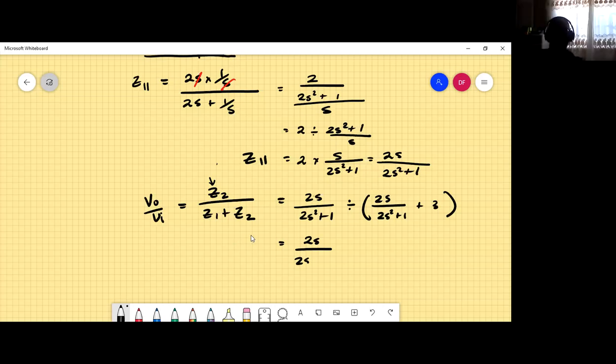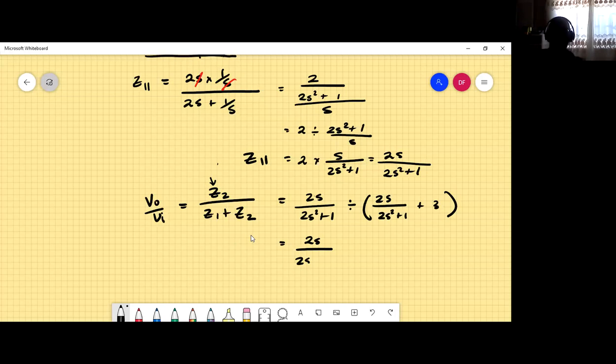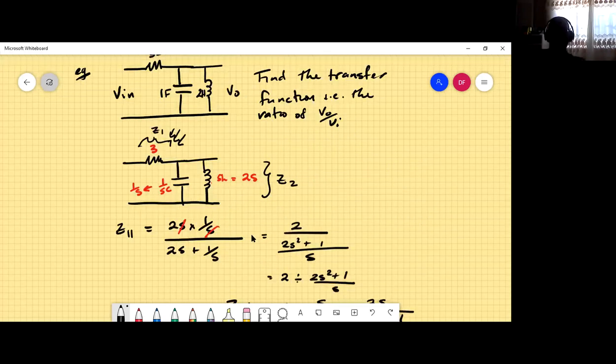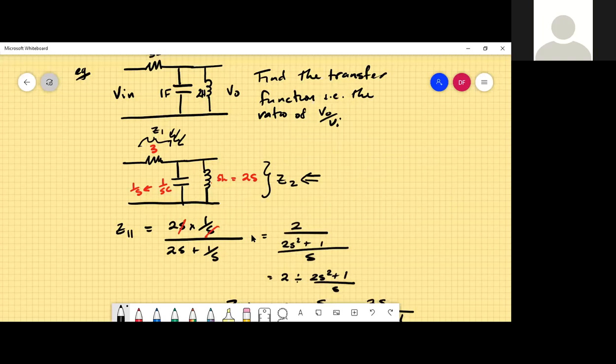So we're calling this Z1 and this is Z2. So Z1 is the resistance, and Z2 is the impedance of the inductor and the capacitor in parallel.